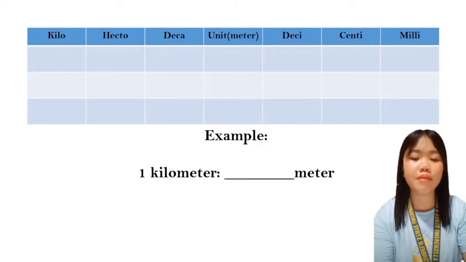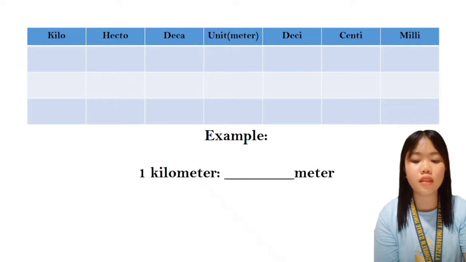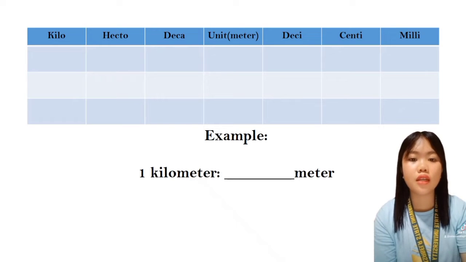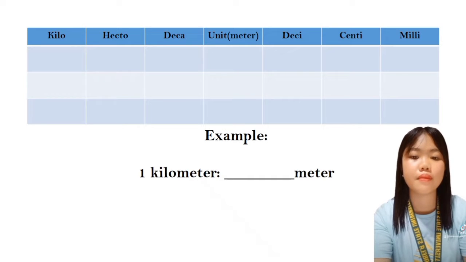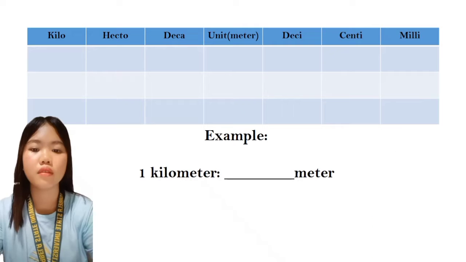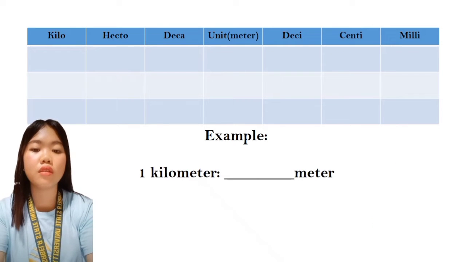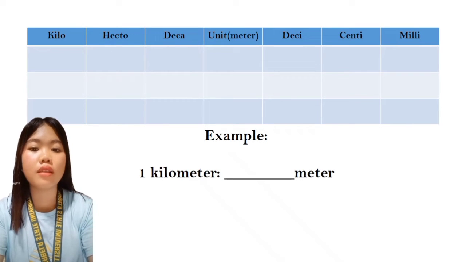So we have here some examples using our conversion table. First we have the unit meter that includes kilometer, hectometer, decameter, the unit meter itself, the decimeter, centimeter, and lastly the millimeter. Using the table, we have here 1 kilometer converted to meter.